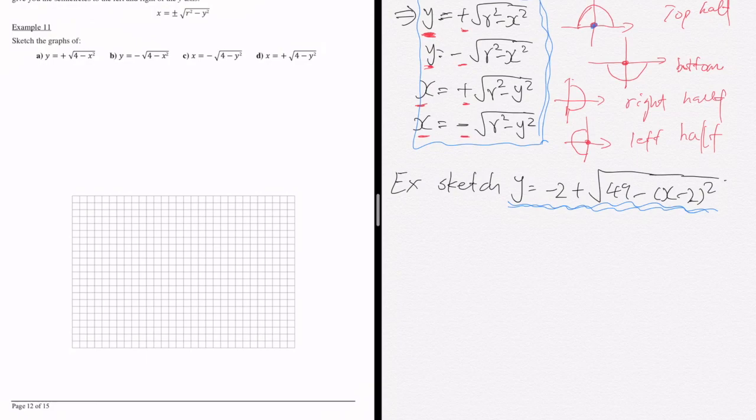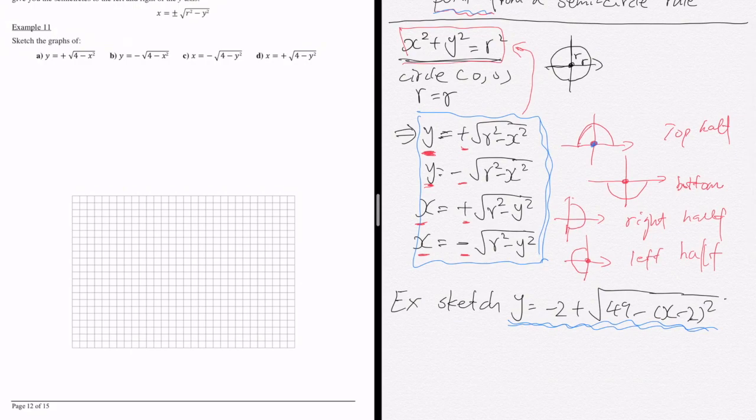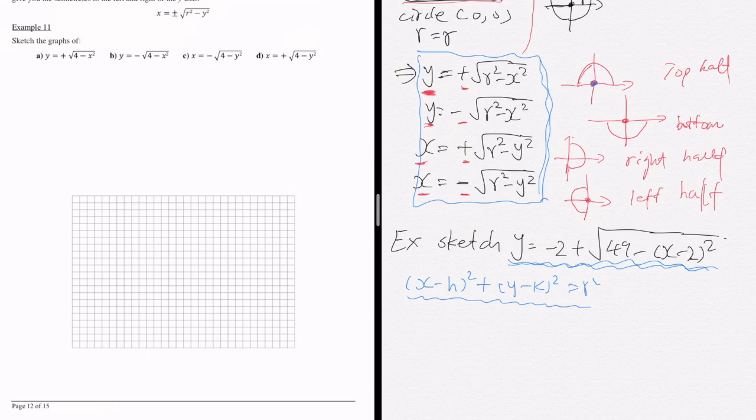To identify the center point from the semicircle rule, you need to rearrange it back to the circle form, (x minus h) squared plus (y minus k) squared equals r squared. Your target is to rearrange it into something like that so that you can identify the center point. So now let's do that.